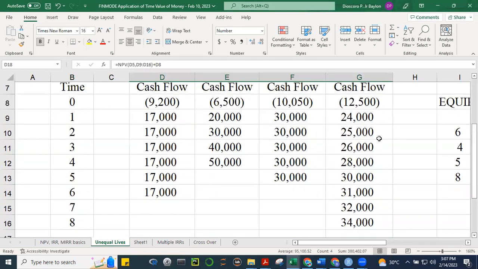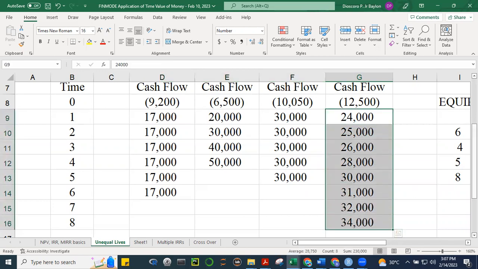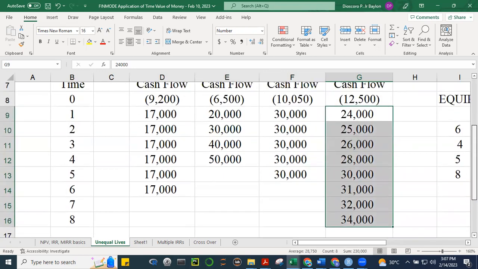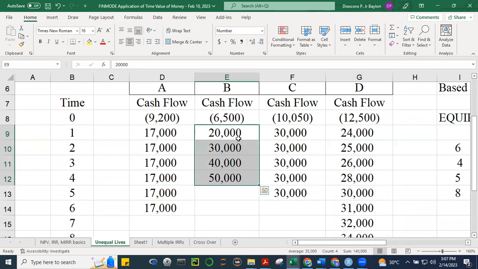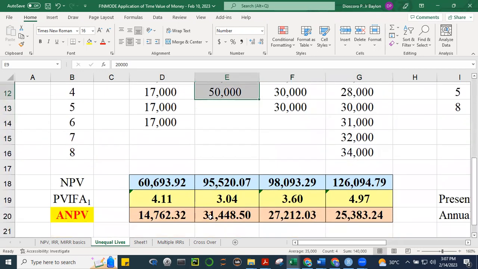This will be biased to the project which is longer, because chances are it will have the higher net present value since it has higher cash flows, right? And it will be biased against project B because it has the lower number of years. However, it turns out here that project B is even better based on the annualized net present value.